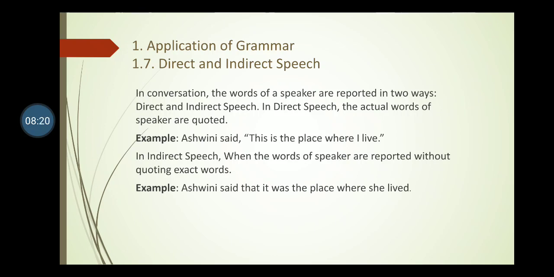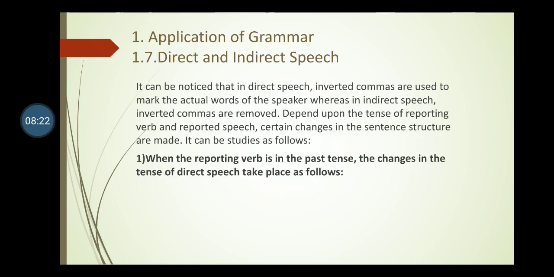Now we are discussing how to change from direct to indirect speech. Have you got it? Listen, it can be noticed that in direct speech, inverted commas are used to mark the actual words of the speaker, whereas in indirect speech, inverted commas are removed.